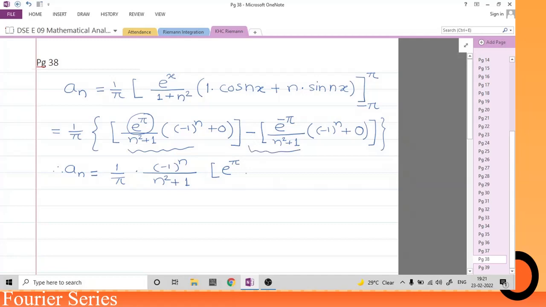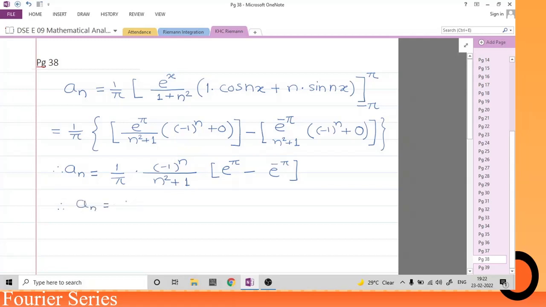The second term is negative, so minus, and in this term we will be left with e raised to minus pi. So this is the simplification.